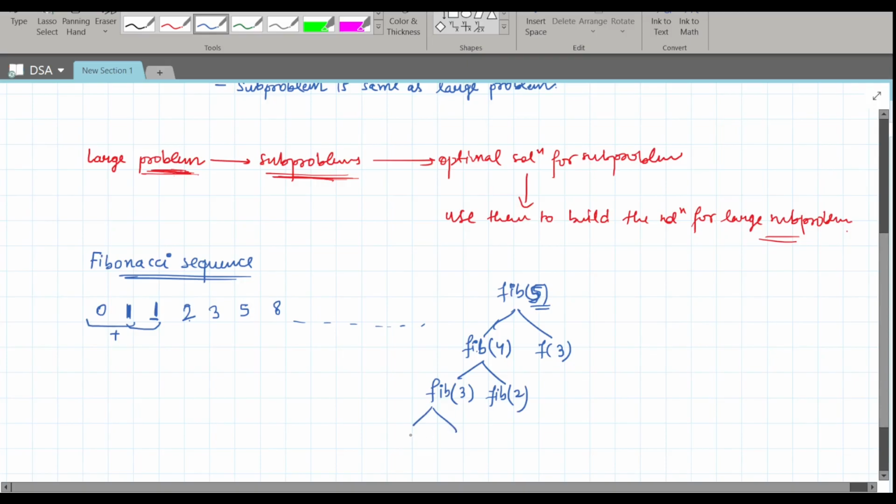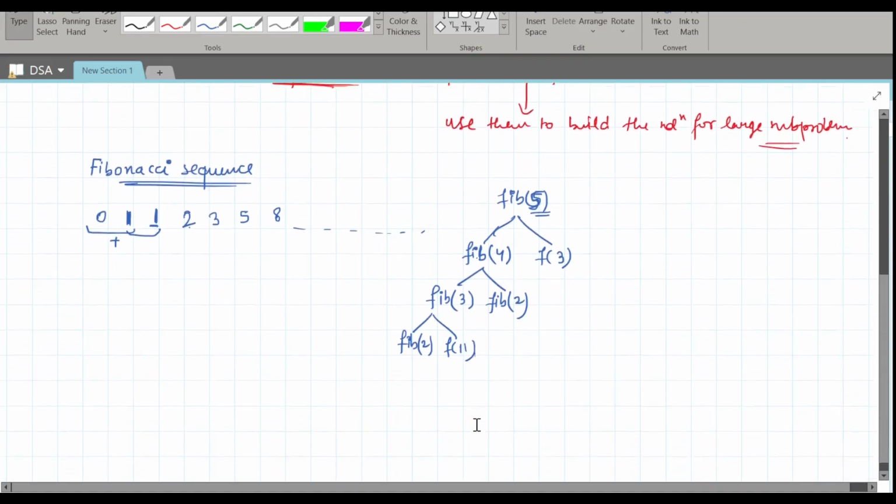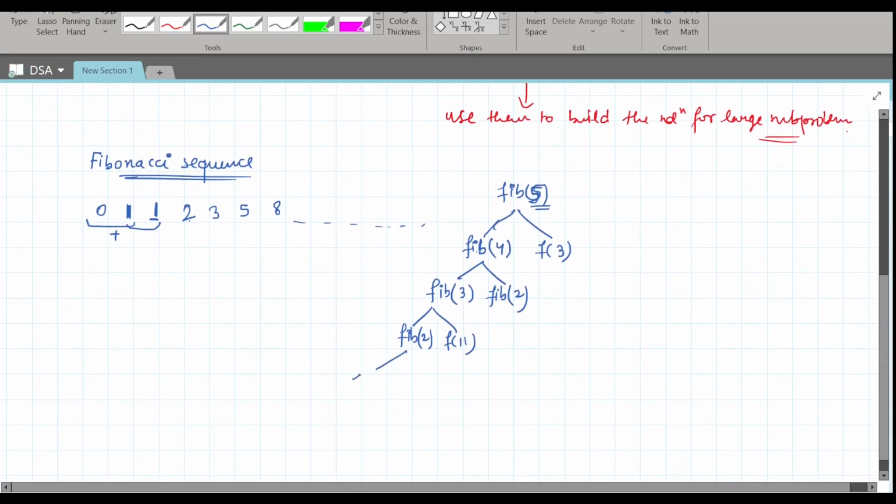Similarly, fib 3 will be fib 2 and fib 1, and fib 2 will be fib 1 and fib 0. Then fib 2 will again be fib 1 and fib 0, and fib 3 will be the same as this.